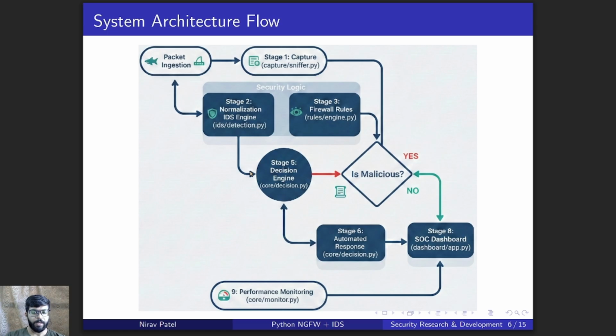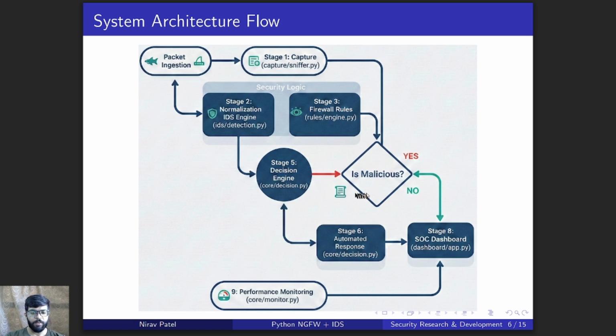For example, if the firewall allows traffic but the IDS detects suspicious behavior. Also, we have another example: if repeated alerts occur from the same source, the decision engine escalates the threat level accordingly. It also maintains history for each source IP, enabling adaptive response.